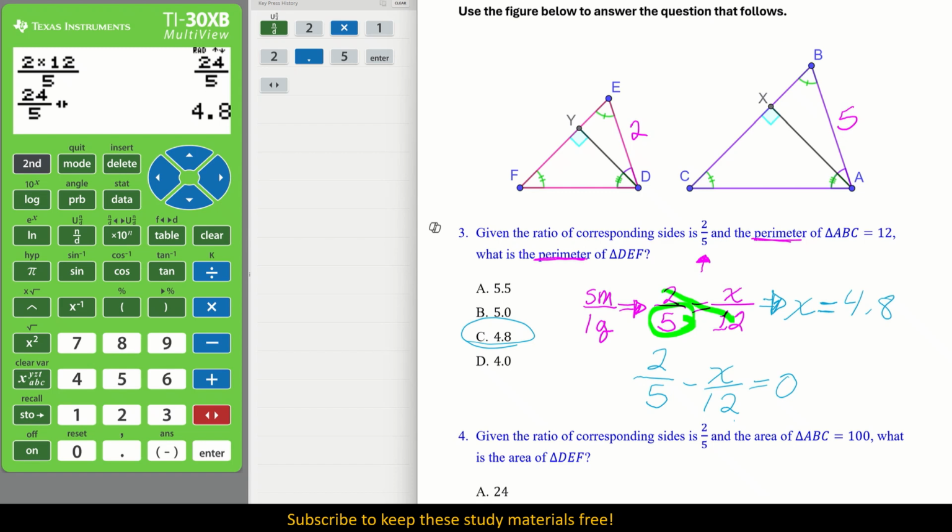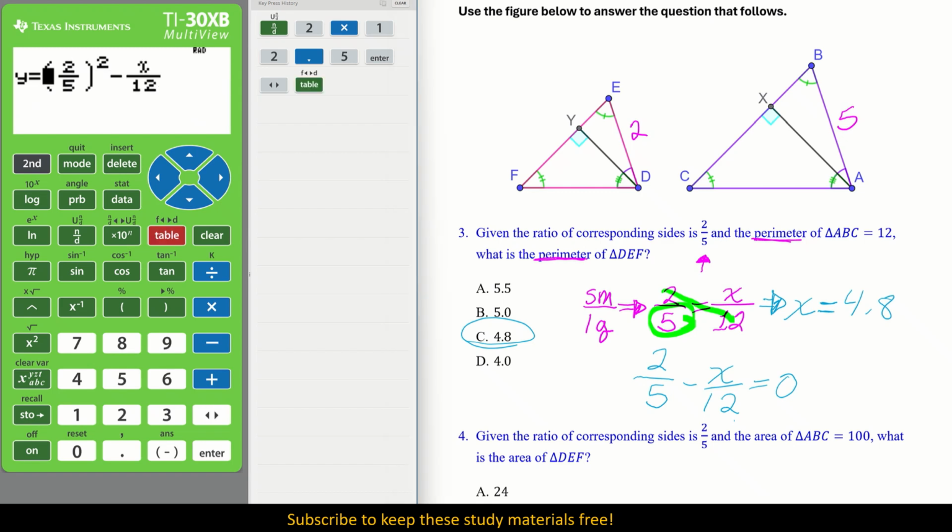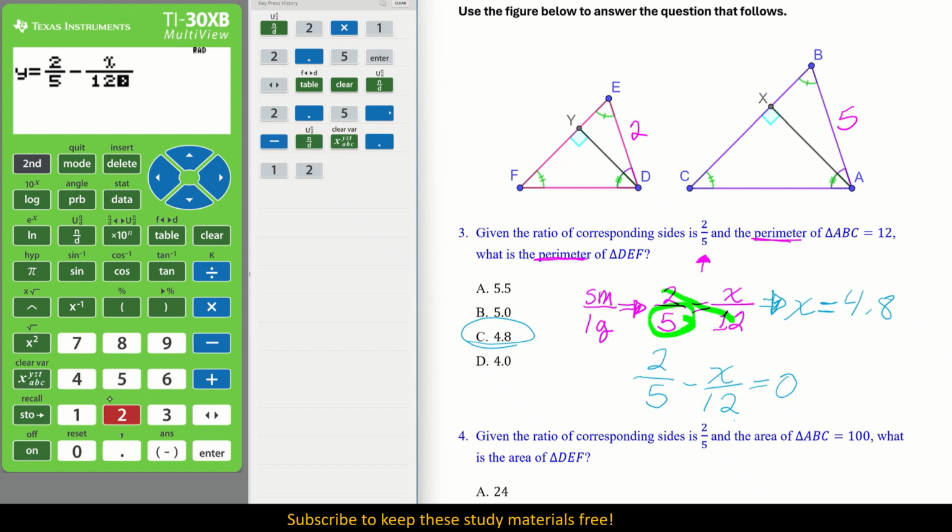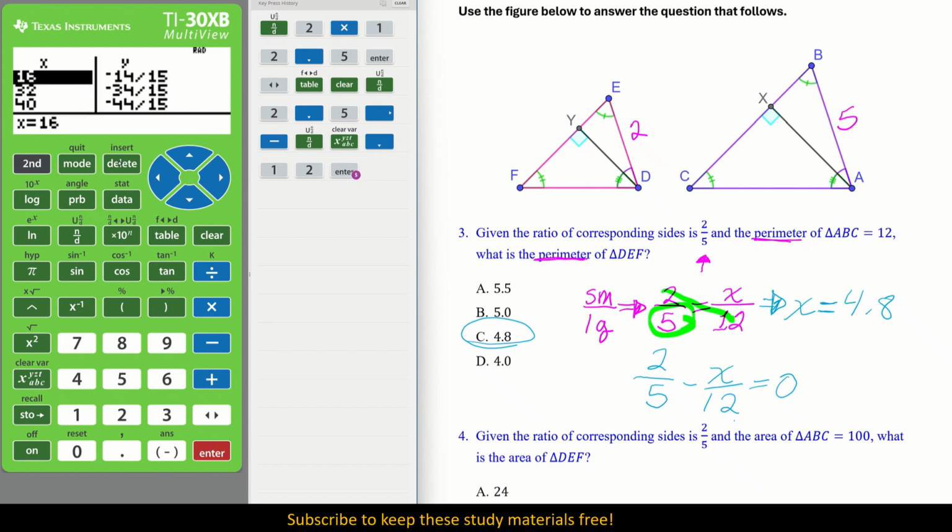Now let's verify it using the table method. So push table, clear out what's there, and then I have my fraction, 2 over 5, arrow all the way over, subtract. We have another fraction, and that is x over the 12. Push enter, and we will ask for each of our options to verify. Okay? All right, so let's go enter, enter, and enter. And I like to go in order if you haven't figured it out.